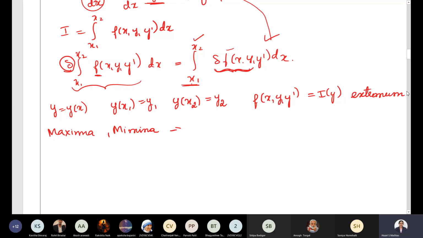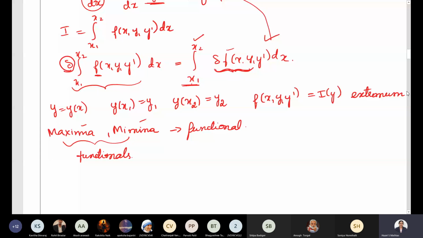Here in calculus of variation, we deal with the maxima and minima of functionals.